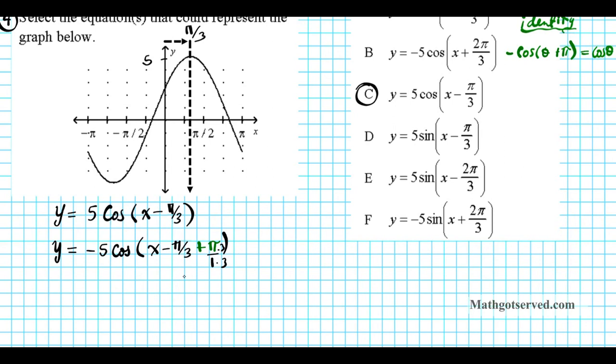This becomes negative 5 cosine x minus pi over 3, plus 3 pi over 3. Your final answer is negative 5 cosine x plus 2 pi over 3. We can clearly see that our answer is option letter B.